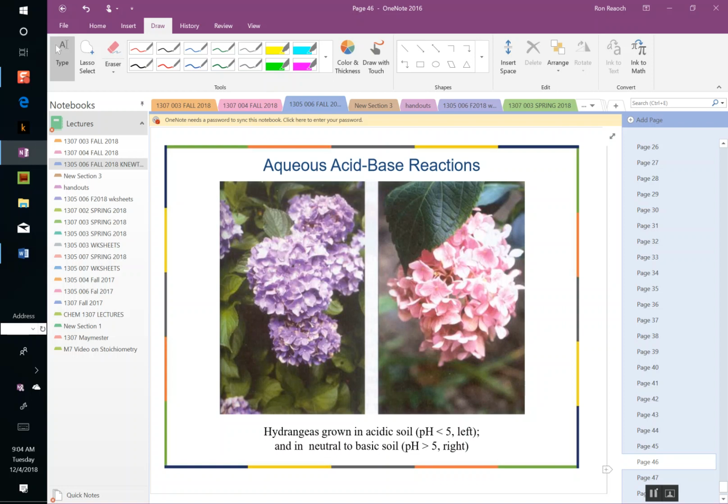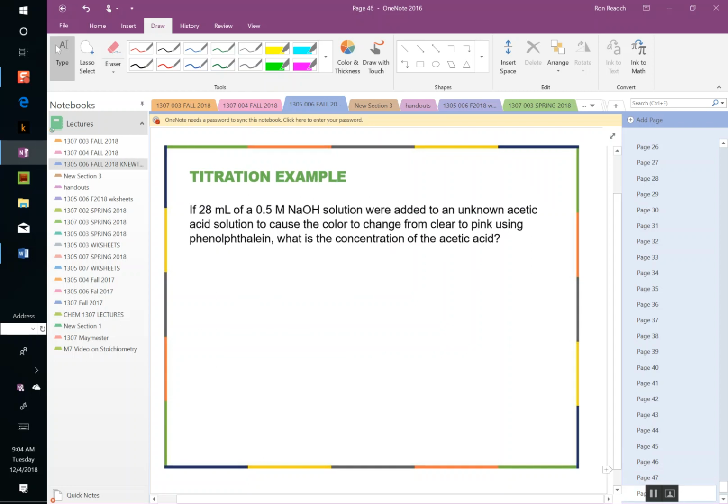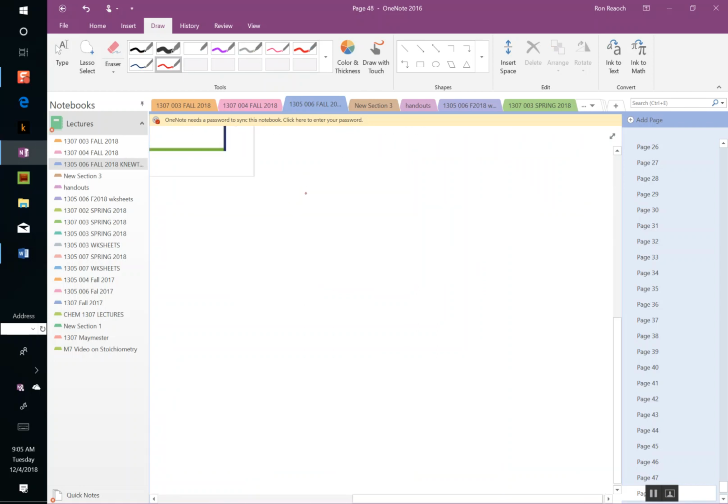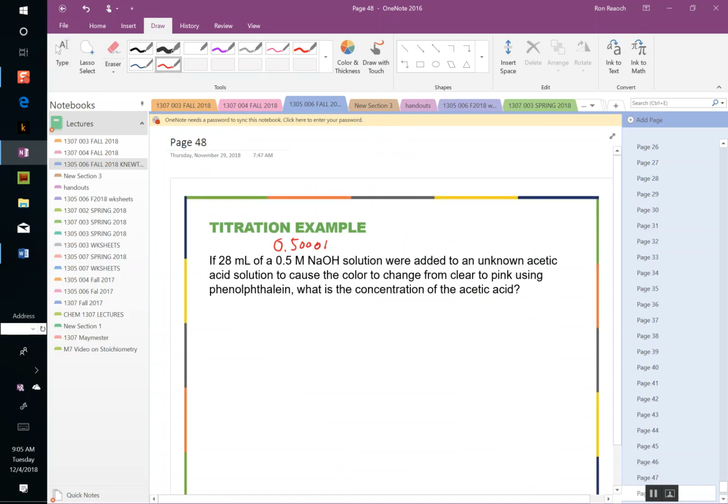Okay, let's see if we can get to an acid-base calculation. All right, calculate the molar concentration. I'm trying to find one with an acid. Okay, and let's assume that's that, and this is that.